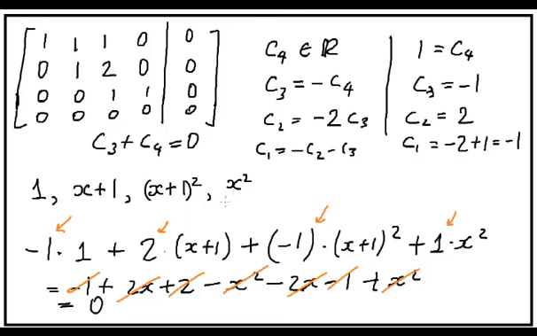Could we have detected that this is linearly dependent perhaps in a bit quicker way? Well, sometimes it is possible to take shortcuts. You see, one of the equivalent formulations for linear independence is that none of the vectors in the sequence is a combination of the others. And by combination, I mean linear combination.